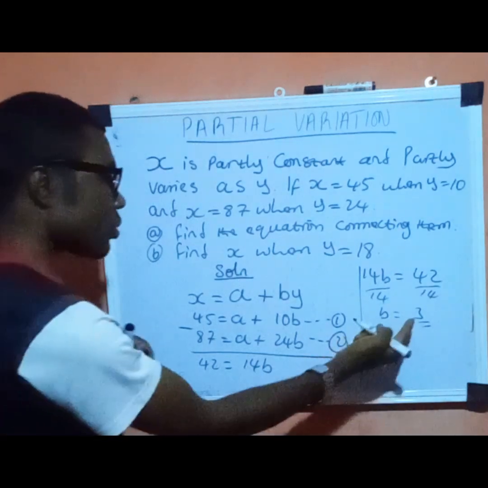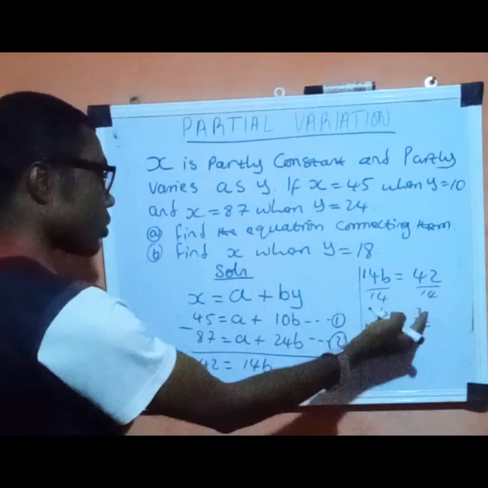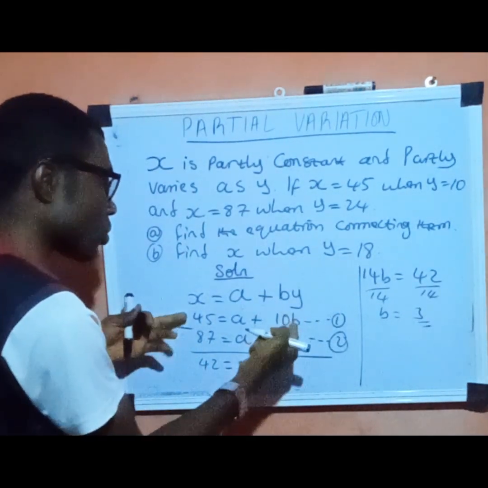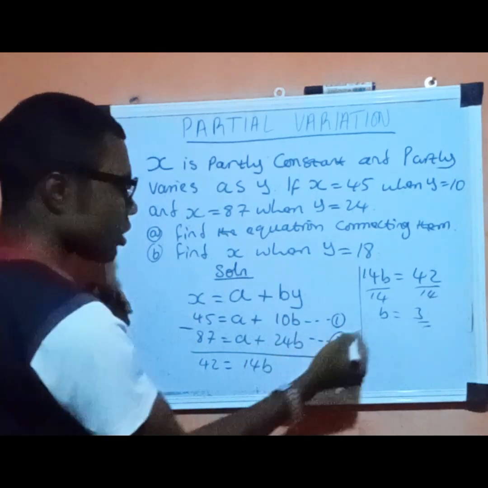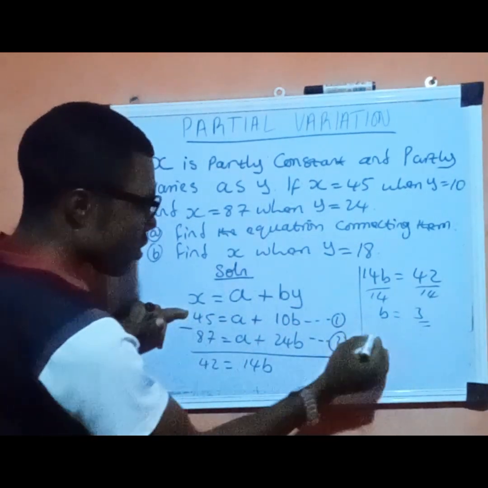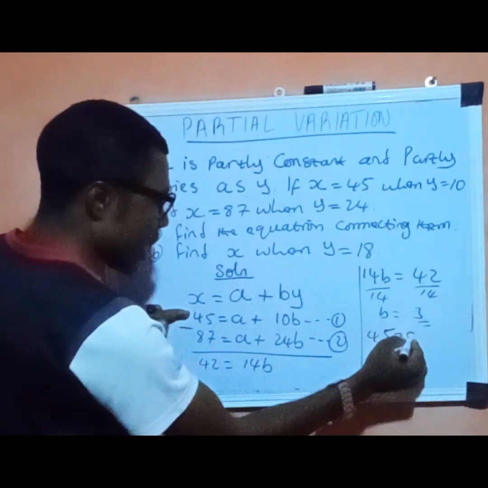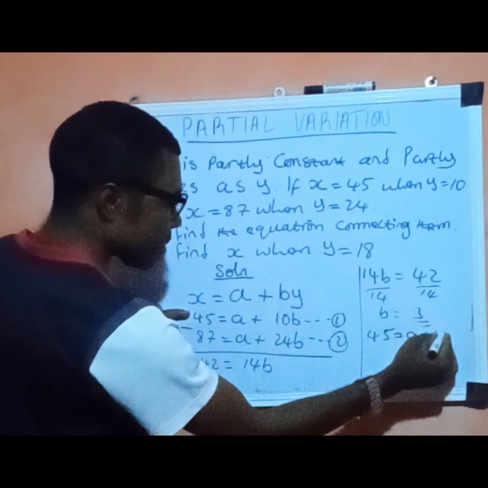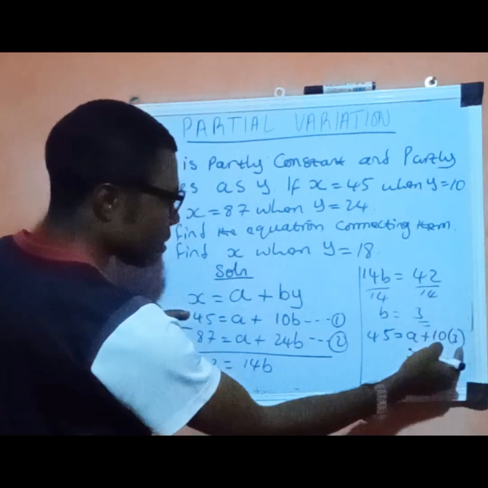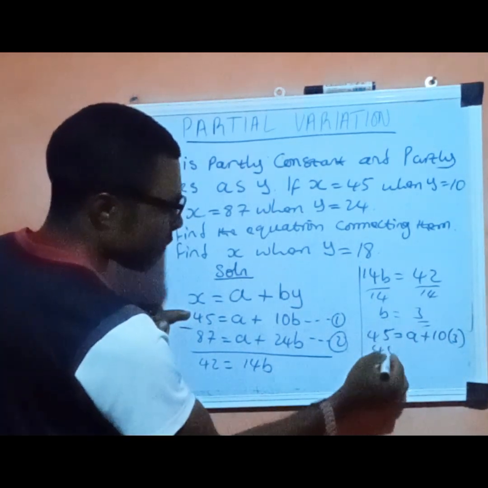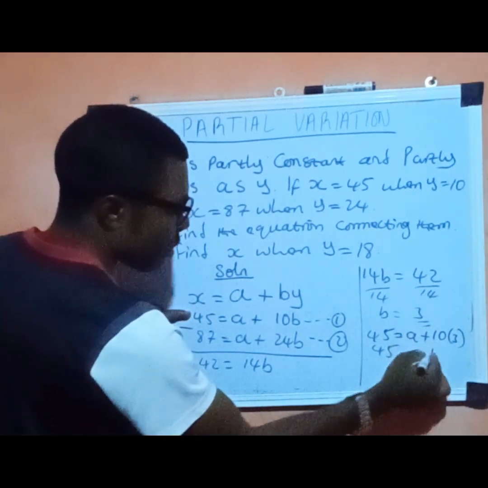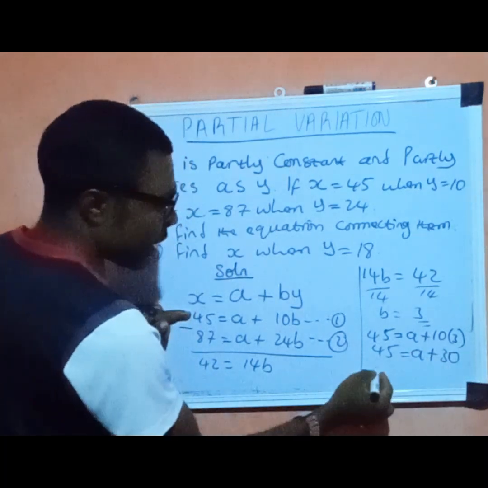Therefore, we now substitute just like we solve simultaneous equation. We substitute this B in either equation 1 or equation 2 to get A. So if we substitute in equation 1, we will have 45 equals A plus 10 times B, so 10 times 3. We have 45 equals A plus 30, and then we collect like terms.